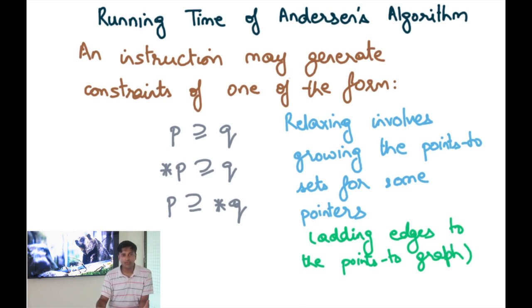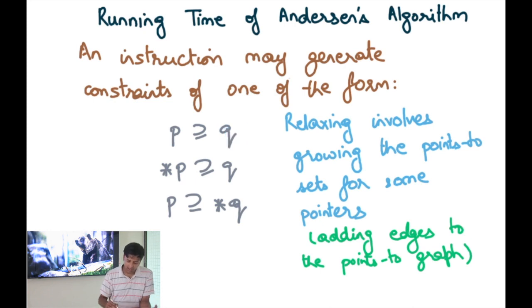Next we are going to see how much time it will take to perform this relaxation. We're going to look at each of these constraints individually and see how much time, in the worst case, it may take to relax any one such constraint.